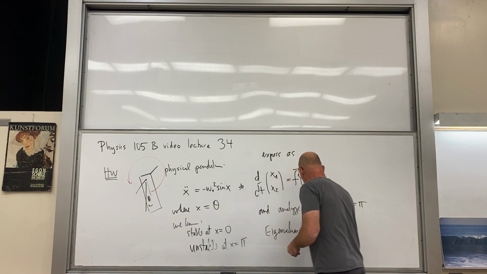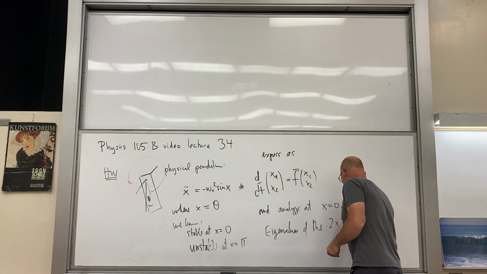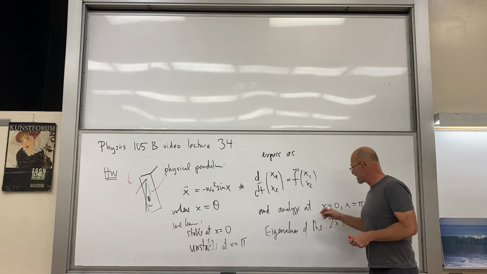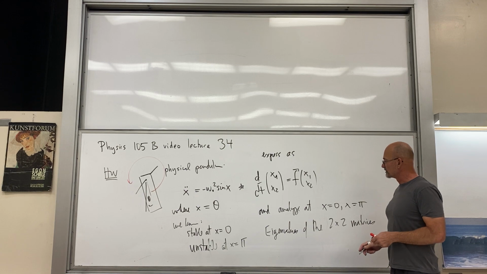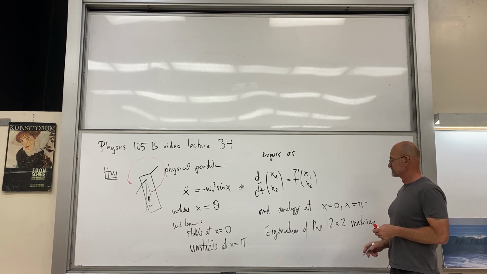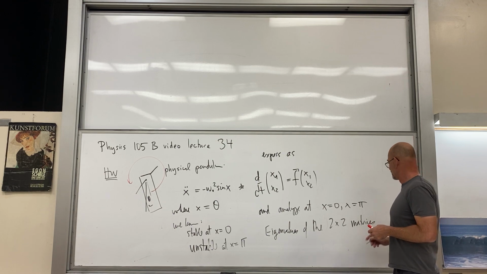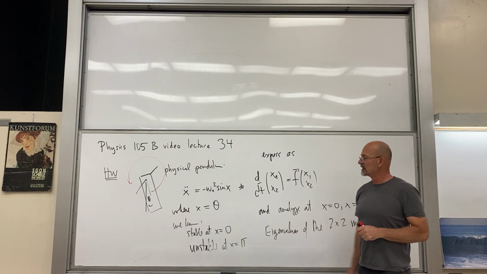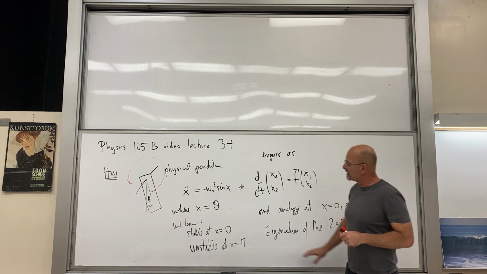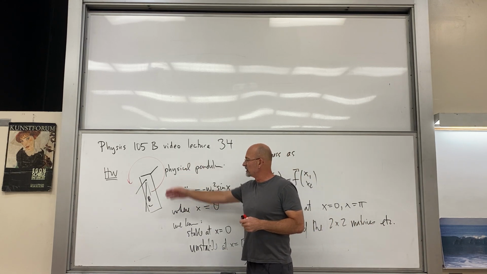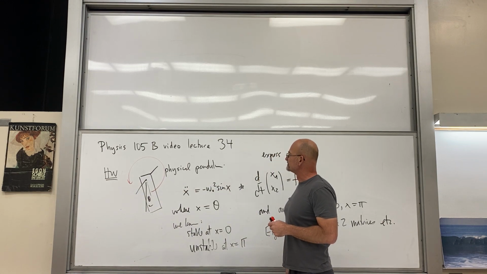Find the eigenvalues of the 2 by 2 matrices, the respective ones for x equals 0 and x equals pi, and of course the corresponding stability, instability, etc. That's a simple enough problem, but it's a perfect application. It's basically what I did with the damped oscillator, except around the two equilibrium points.